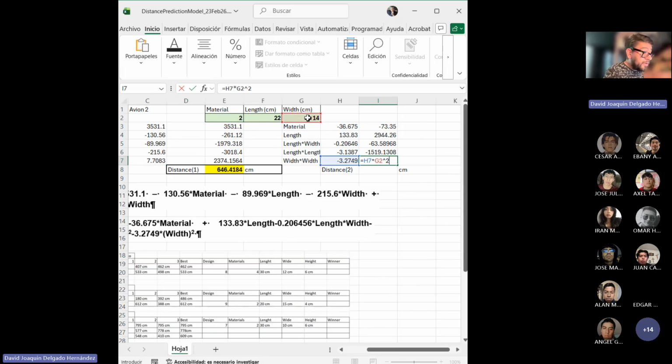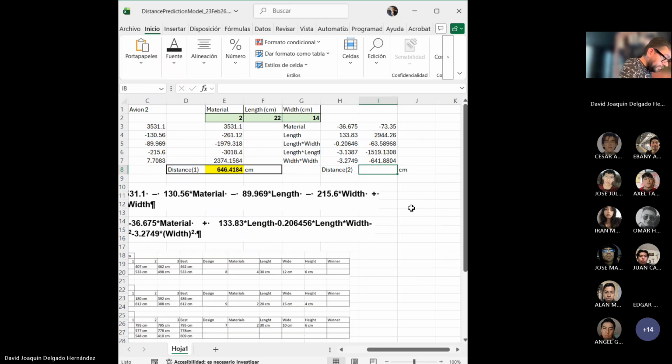I can put the second power like this in Excel, okay? Or I can multiply 2 times the same quantity, which is exactly the same result. Here we are. So when we add up all these quantities, the sum is the result, the distance, the predicted distance. Let us do it.